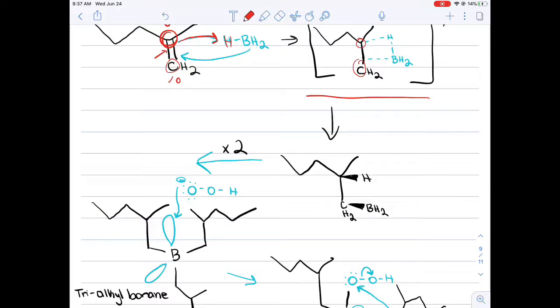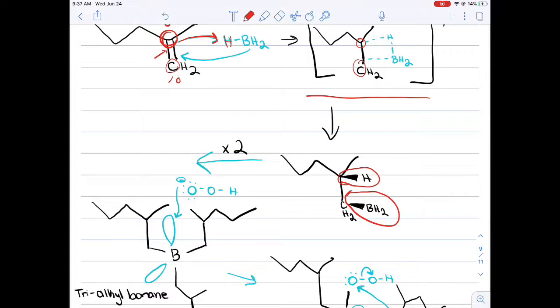So they're going to add in a syn addition. You're going to have hydrogen and BH2, in my case, do a front side attack. They could also do a backside attack. I just chose to do a front side one.